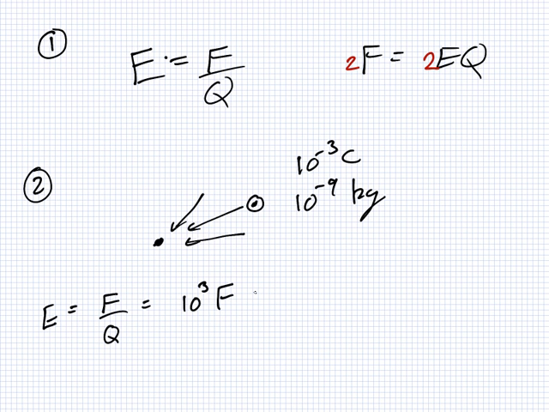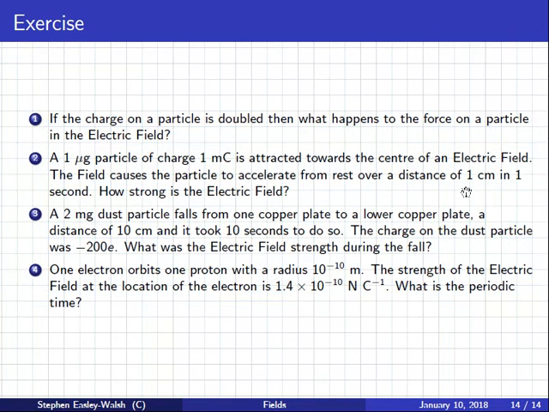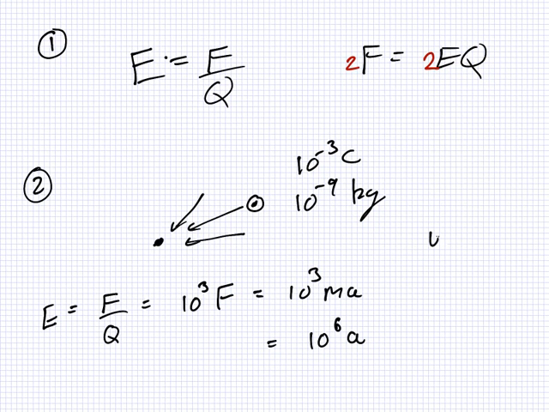Now, do I know F? No. But I know it's MA. And do I know the M? Yes. So that's 10 to the 6 A. Now, do I know the A? Well, it's 1 centimeter in 1 second. So U, V, A, T, S: 0.01. V equals U plus AT?